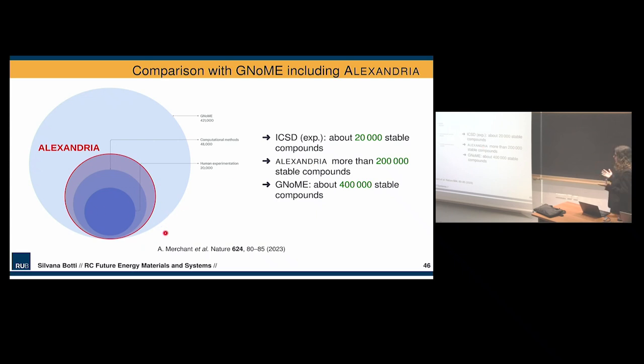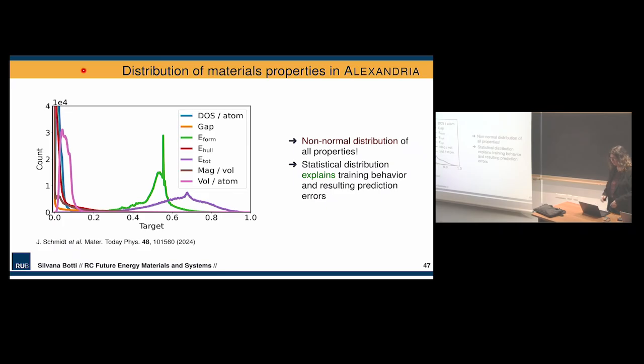So this is the order of magnitude, and I think likely this is the number of materials one can get. I don't expect there are millions of materials, so probably this 500,000 is the number of crystalline materials one can get in the end, finishing all calculations. But this is the target still to reach.